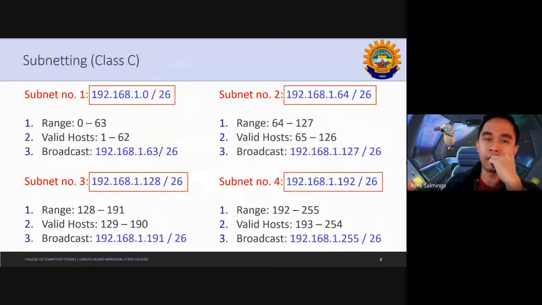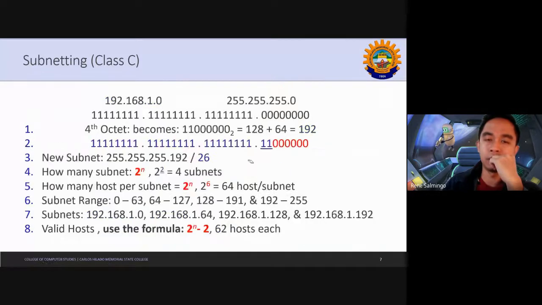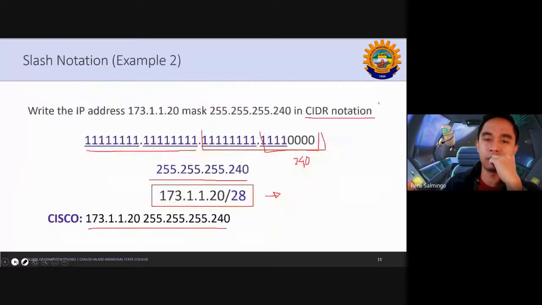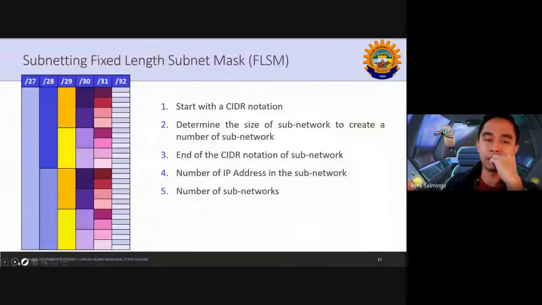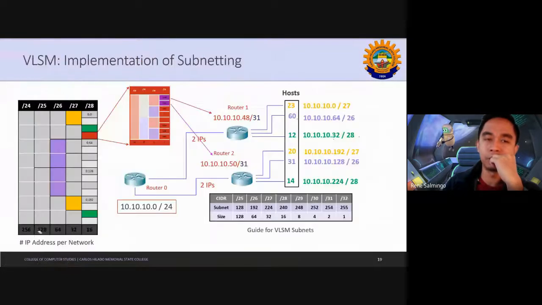So we divide, the four subnets here represent the division of your network. You cannot just say that you use slash 24, because in slash 24, you will use the whole subnet.